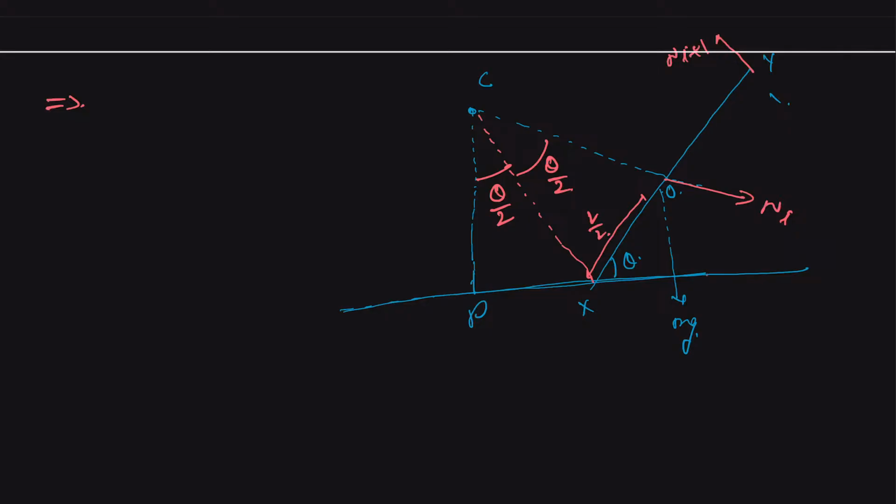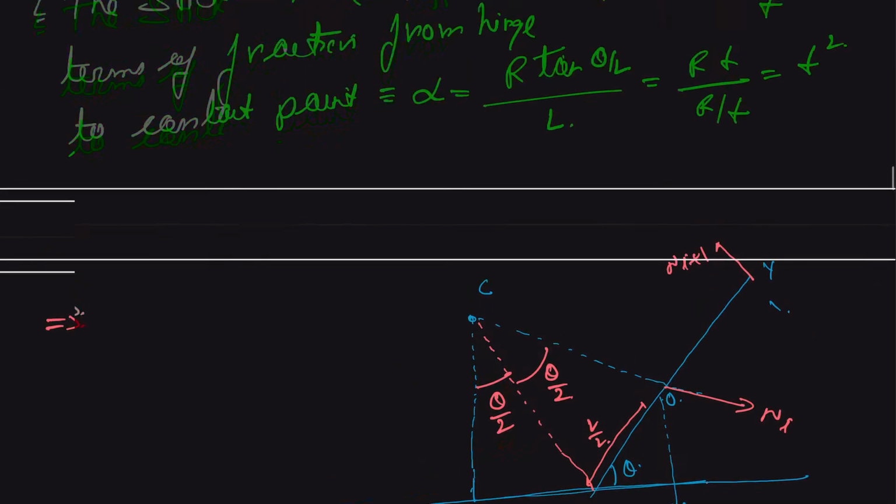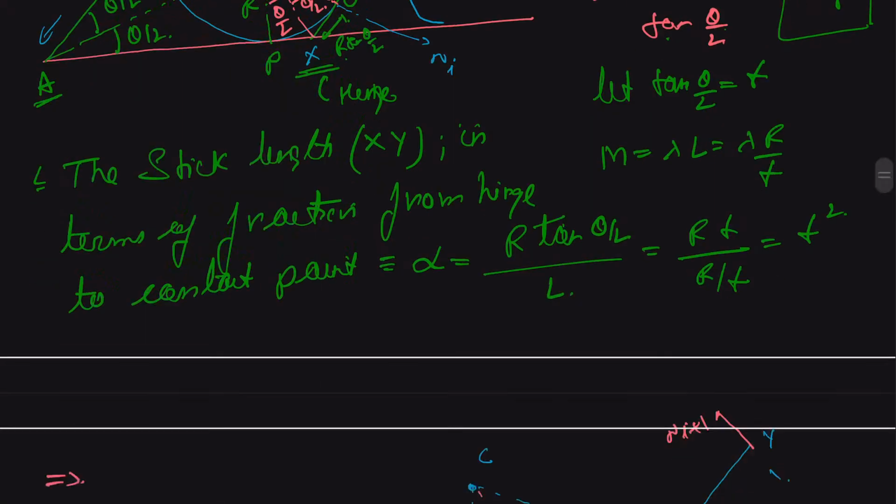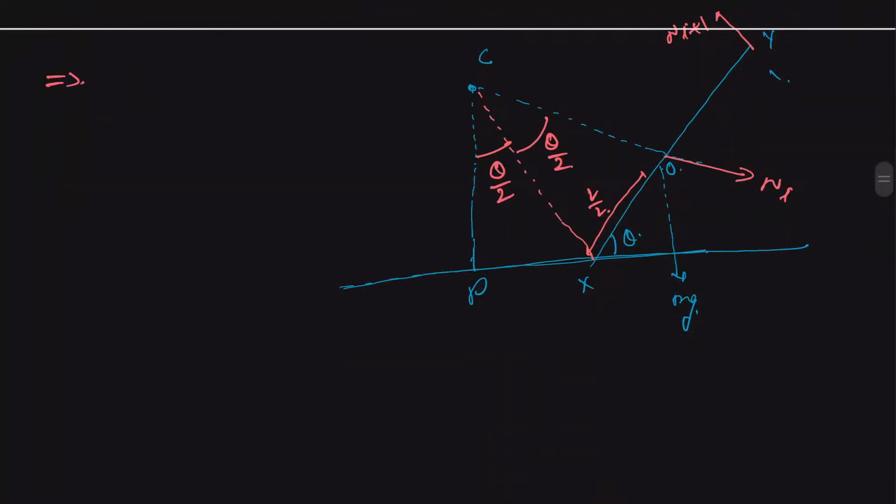And this XO we just found out is r tangent of theta by 2. Therefore the distance up to here is r tangent of theta by 2. So let us use the torque with respect to X.